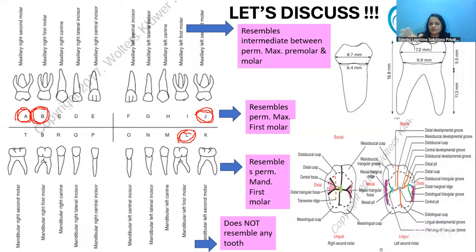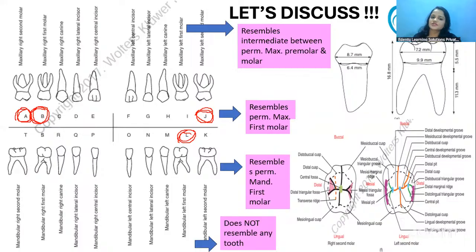It is mostly like a primitive structure of the teeth. It does not resemble any teeth. The second molars, whether maxillary or mandibular, usually resemble the permanent molars. But these first molars, especially the mandibular first molars, are completely different. They do not resemble any other teeth.